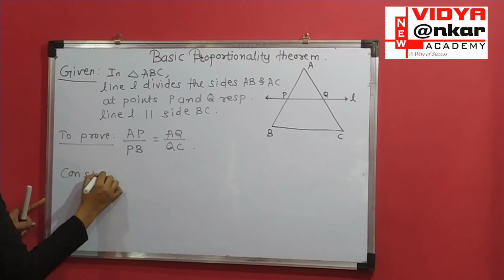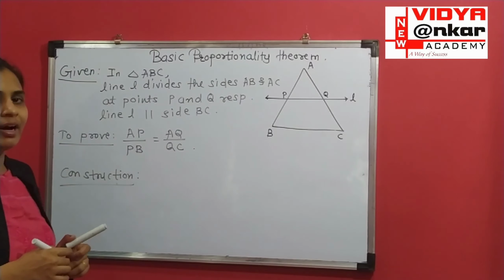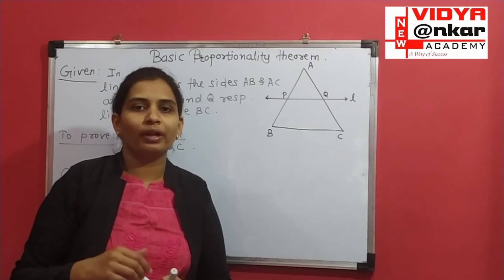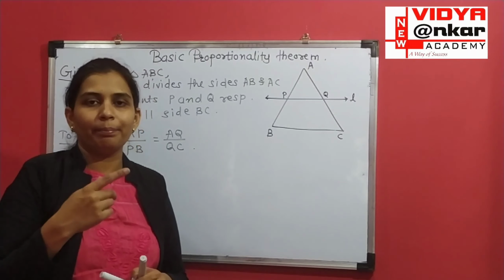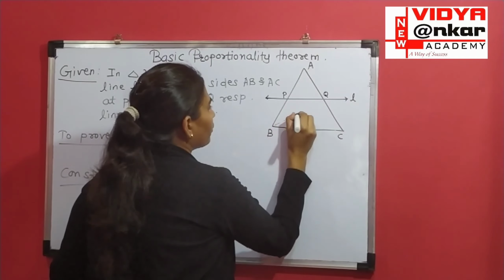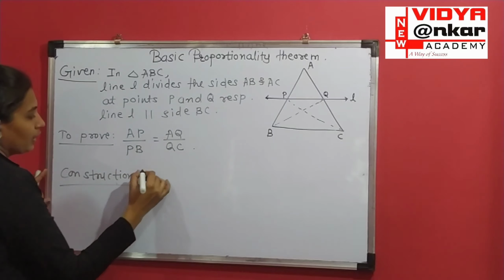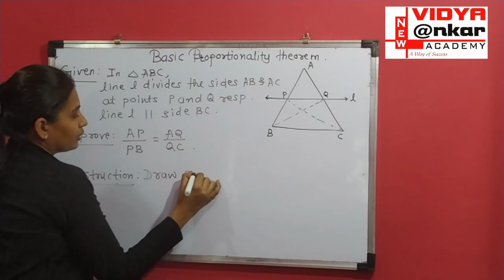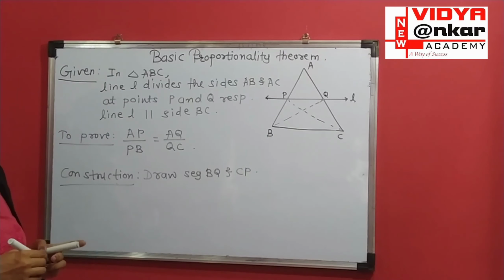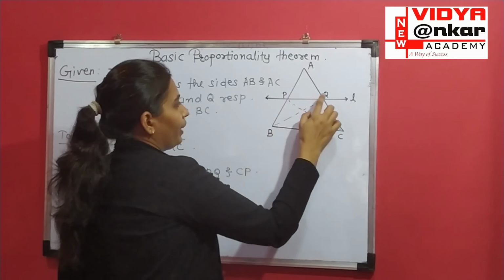Now students, we have to construct something in the figure. Why do we have to construct? Because for any proof, we must have two triangles and we have to apply our previous knowledge. So I will construct BQ and CP. Now I will write here, draw segments BQ and CP. Now we got another two triangles, BPQ and CPQ.